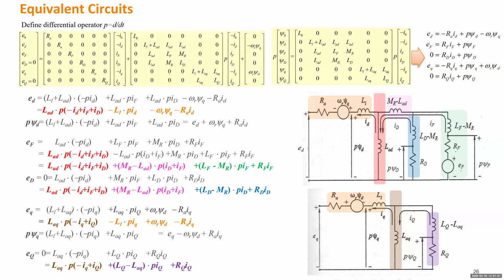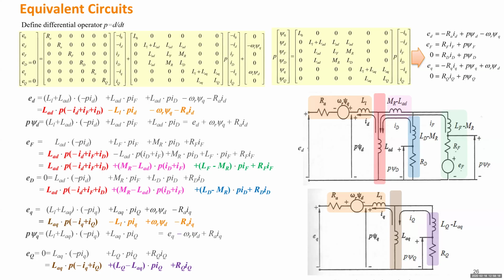So at the end of last lecture, we started from the voltage and flux equations. We tried to put all the currents which are flowing through the LAD into the same term, so that can be modeled by the same branch in the circuit.